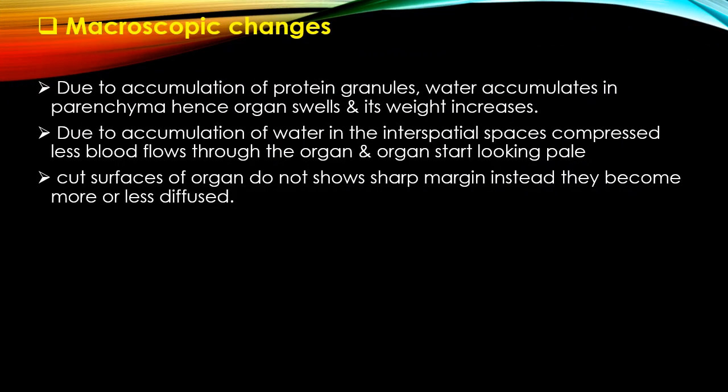The macroscopic changes are due to the accumulation of protein granules, and water accumulates in the parenchyma, hence the organ swells and its weight increases. Due to accumulation of water in the interstitial spaces, the organ is compressed and less blood flows through it, and the organ starts looking pale.